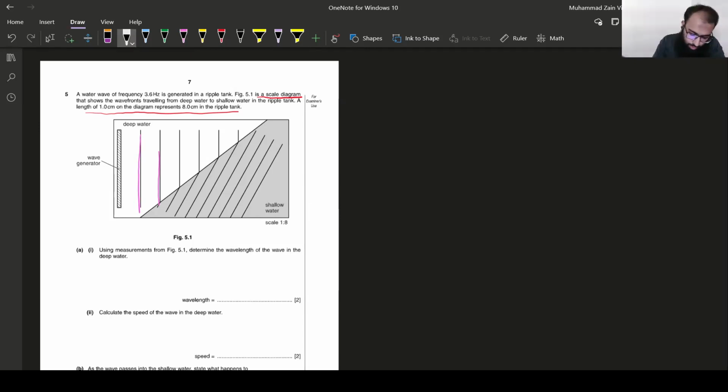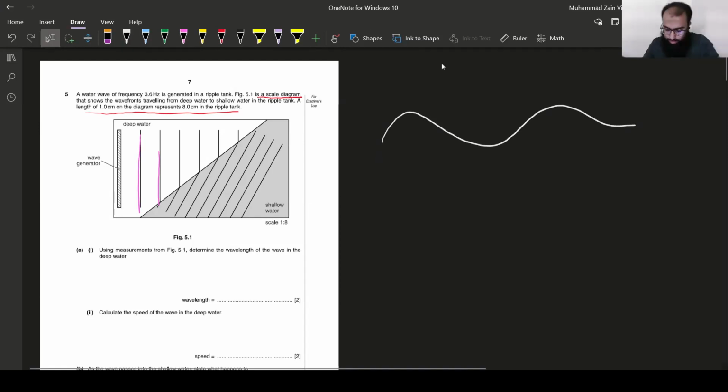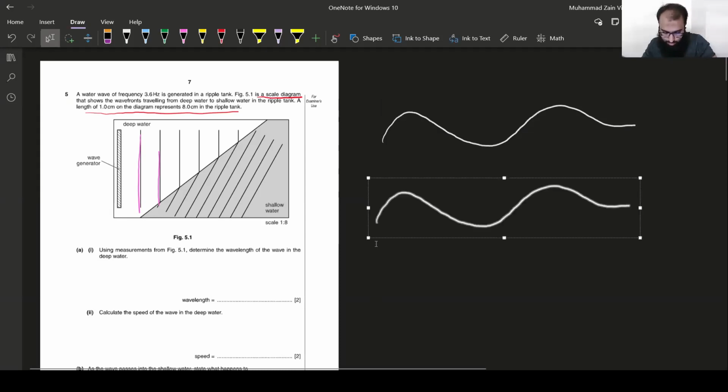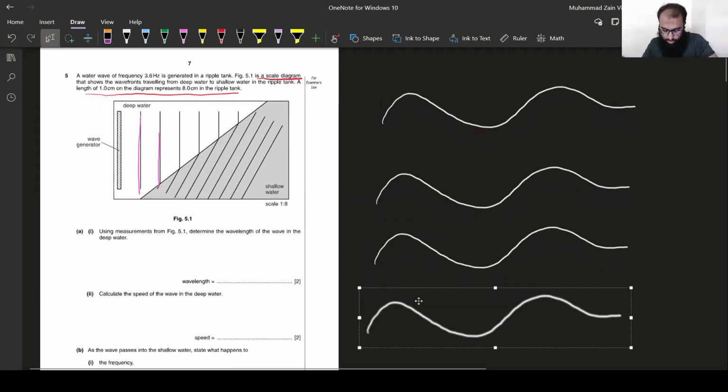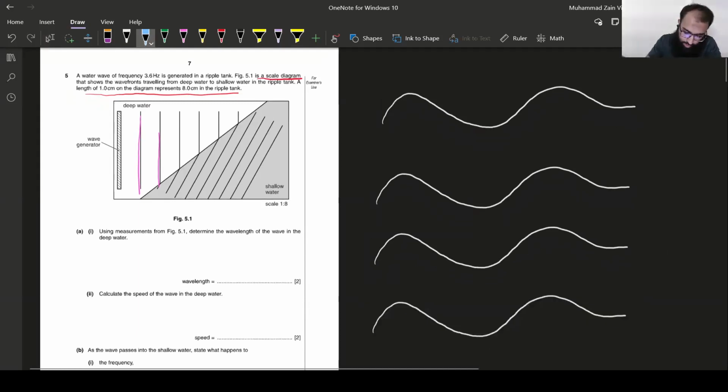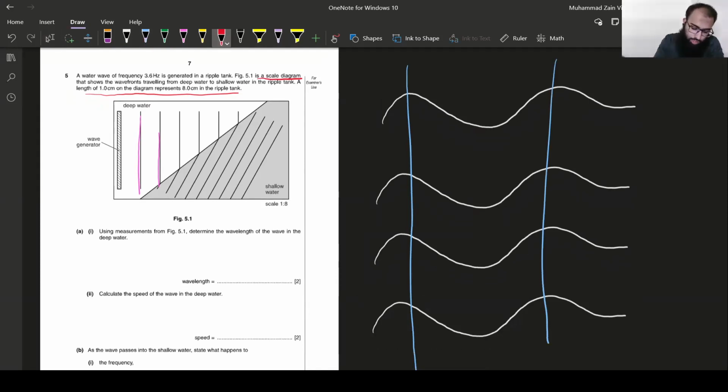So if I had a wave like this, and then there was another wave beneath it like this, and then another wave beneath it, I could join all the interface points in these waves, or either the crests, and then I'll get wavefronts. So from this we know that the distance between two consecutive wavefronts is the wavelength.